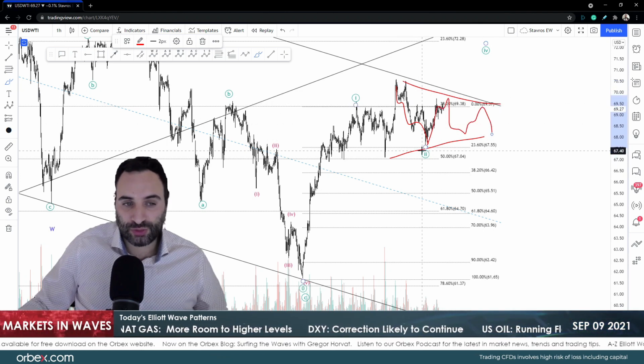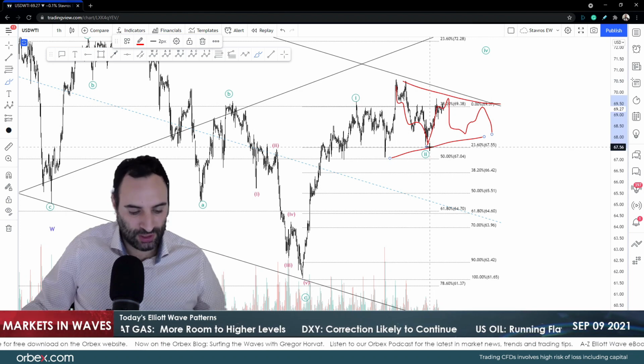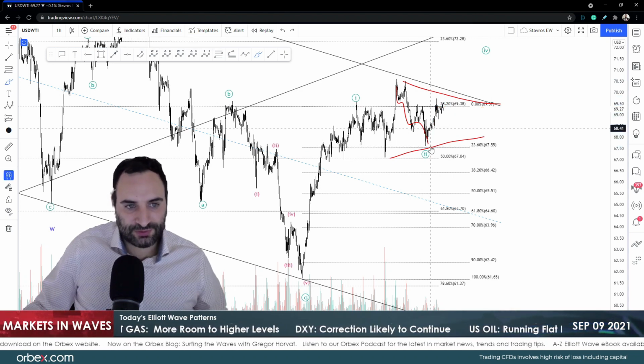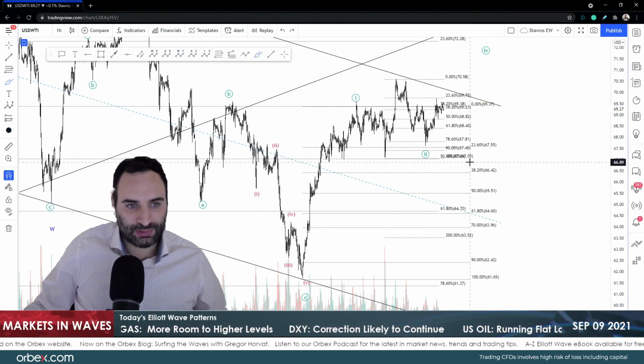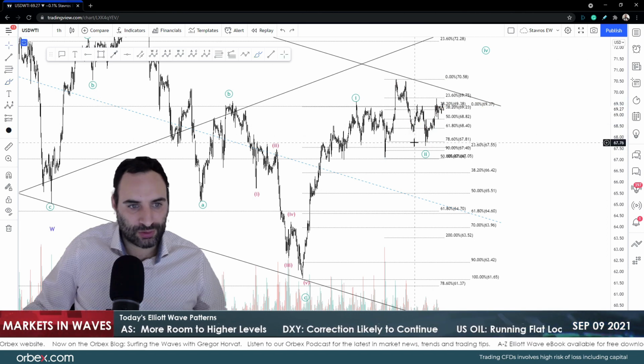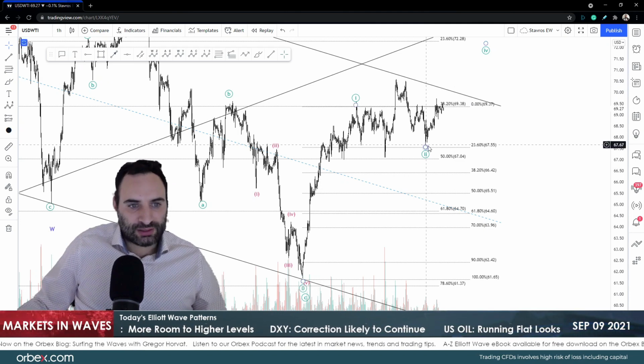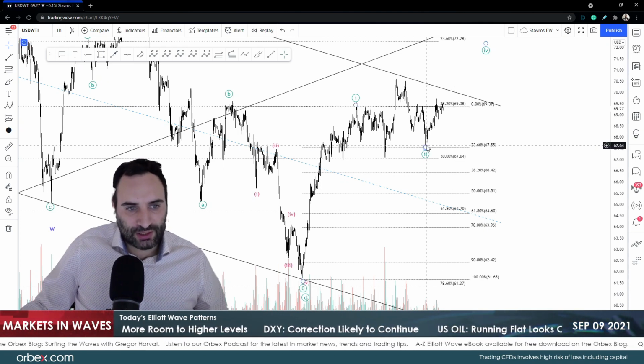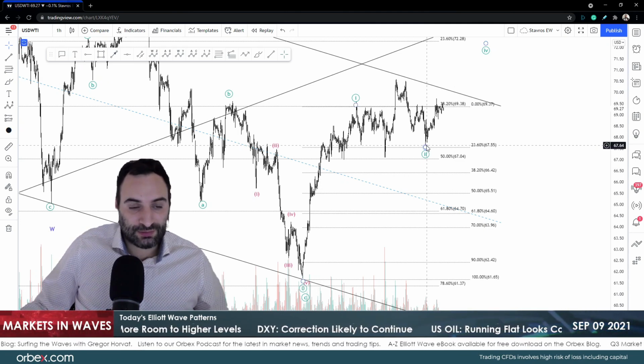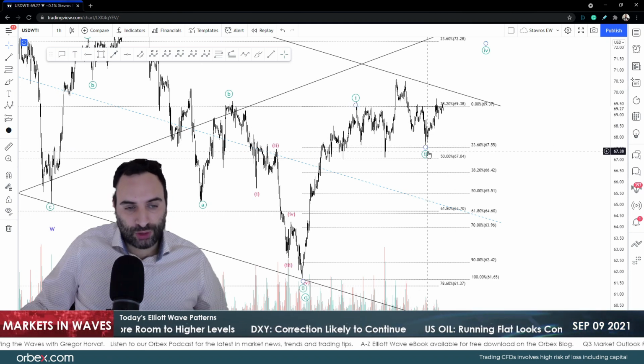Something like this, because we do over 80% correction. Obviously, we need the 90 for a flat over here, but we're not looking at this particular case now because this is more of a 5 rather than of a 3. But the triangle is a bit more in higher probabilities than the flat because we didn't go to the 90 down here.